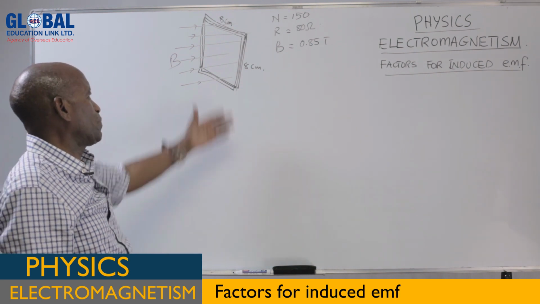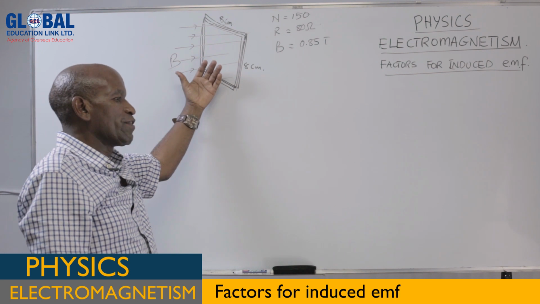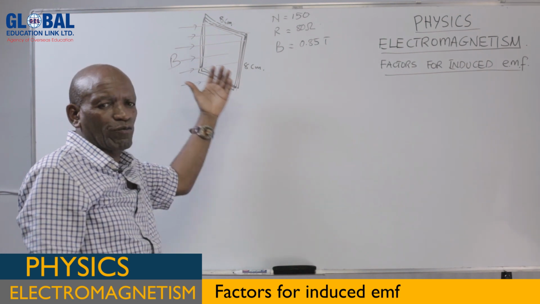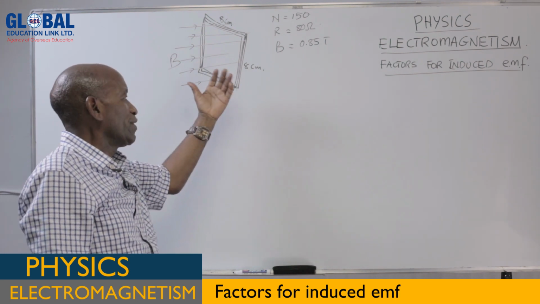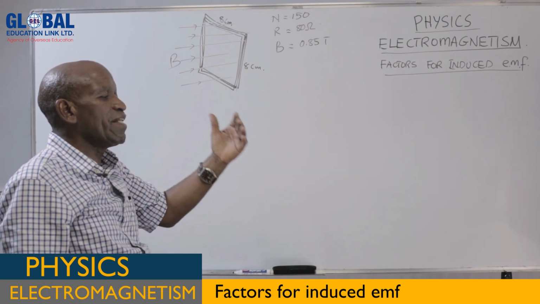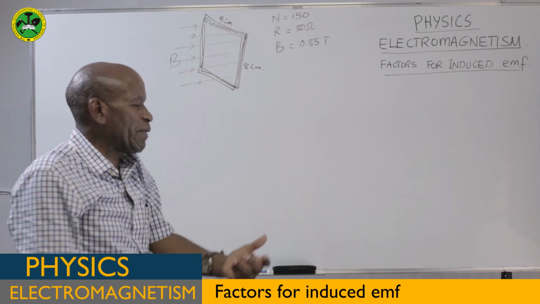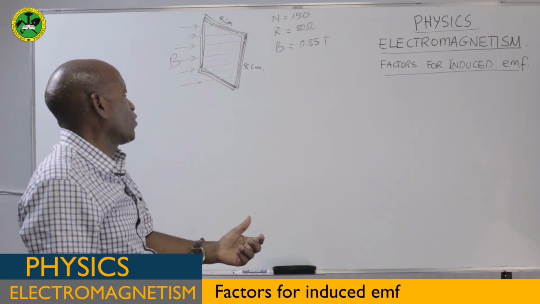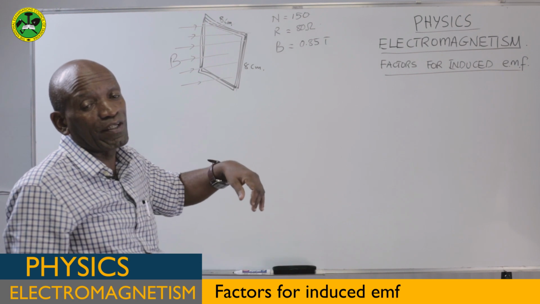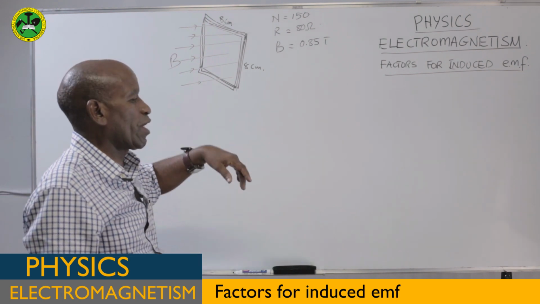Now we are given that this particular coil is going to be moved very quickly away from the field in 0.15 seconds. So removing this coil will cause an induced EMF in that square coil.